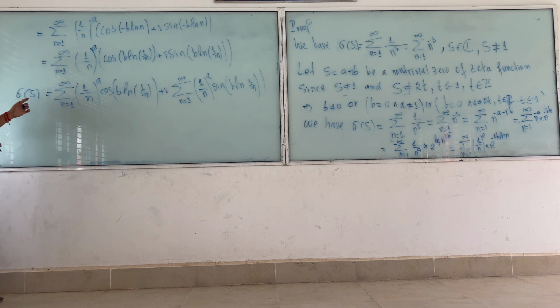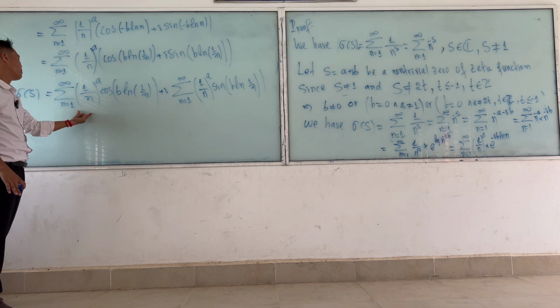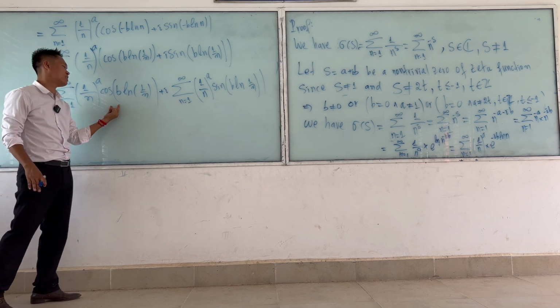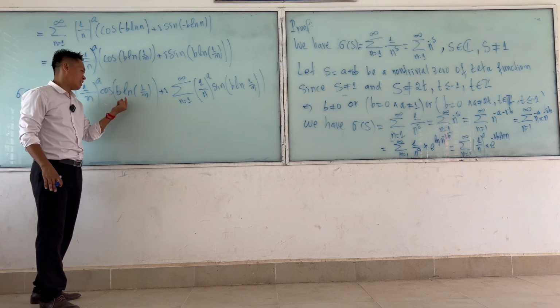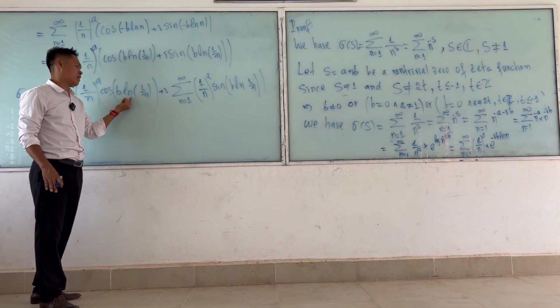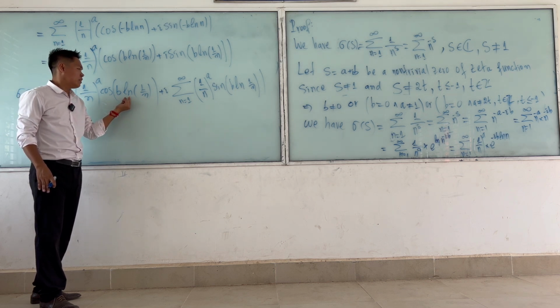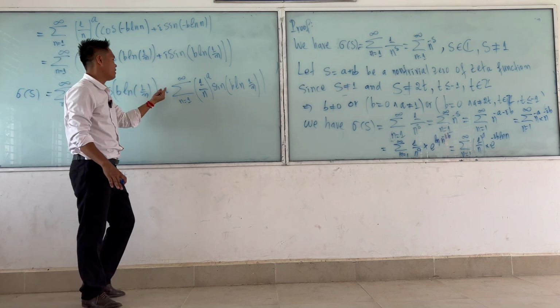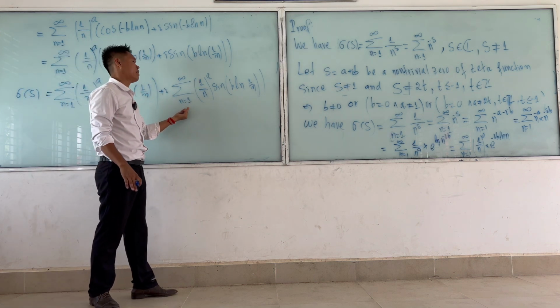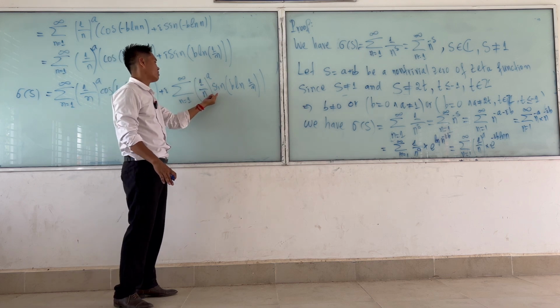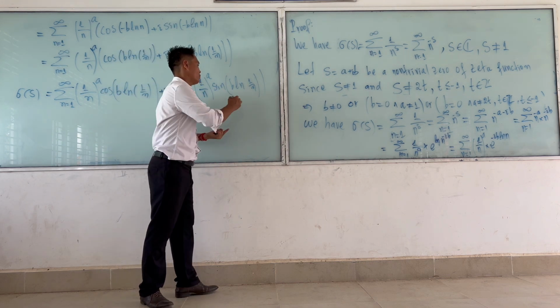As you see, after I rewrite or simplify the form of the zeta function with respect to s equal to a plus ib, I got zeta of s equal to the sum from n from 1 to infinity of 1 over n^a cosine of b ln 1 over n, where ln is short for natural log, plus i times the sum from n from 1 to infinity of 1 over n^a sine of b ln 1 over n also.